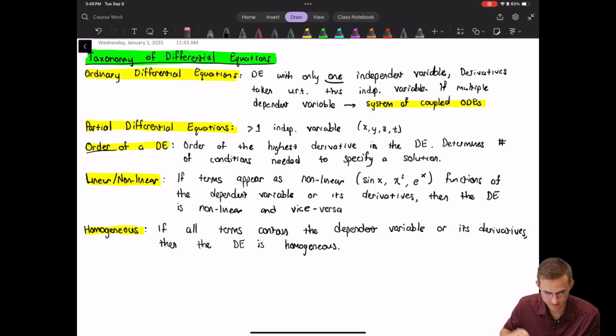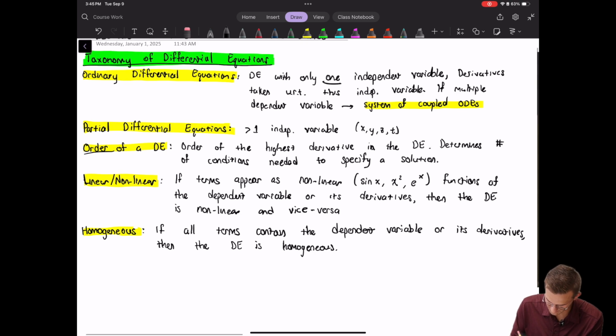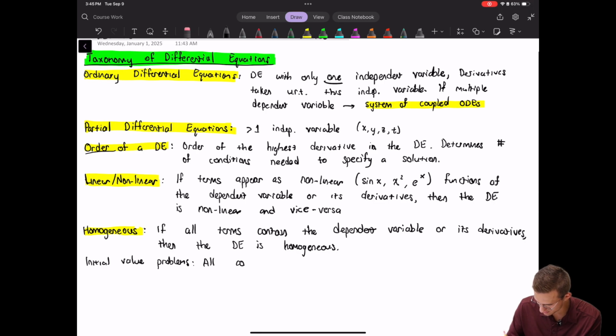And just a couple more definitions. So you have initial value problems. These are problems where the conditions, or all of the conditions, are specified at the same location of the independent variable.